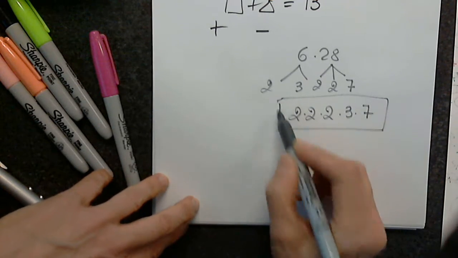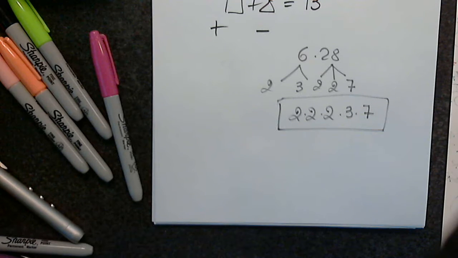I have to use all these numbers and come up with two numbers that are 13 apart. I have to use everything. Here's one option. 8 times 21. I didn't mean to start with that first one.